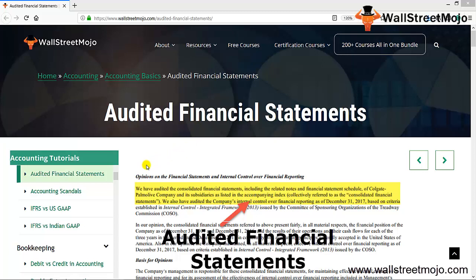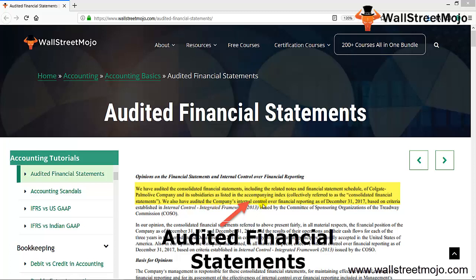Now, what is the purpose behind auditing any accounting statement? Okay, let's not get into that first. We'll understand what exactly is there in front of us first. As you can see, there is an audit report over here, or opinion on the financial statements and internal control over financial reporting. And it's written, let's read. We have audited the consolidated financial statements, including the related notes and the financial statements of Colgate and its subsidiary as listed in the accompanying index.